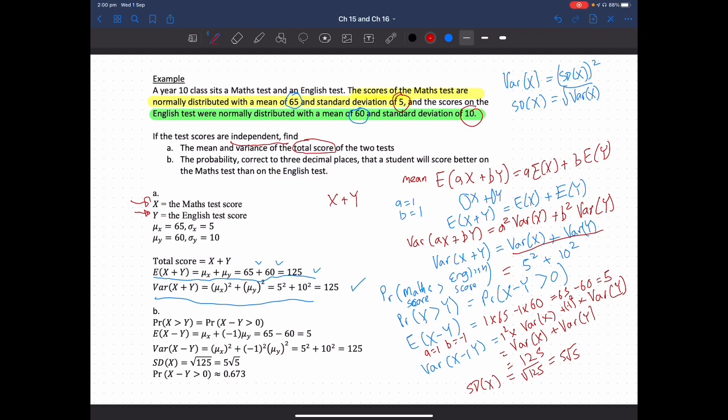We also know it has a standard deviation of 5 root 5. What we're working out is the probability of this normal distribution being greater than 0. So using your calculator, as you did in maths methods, you would get 0.673.